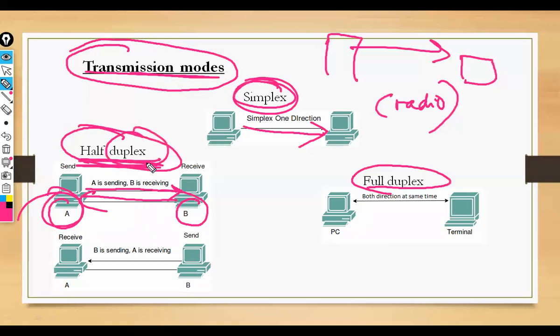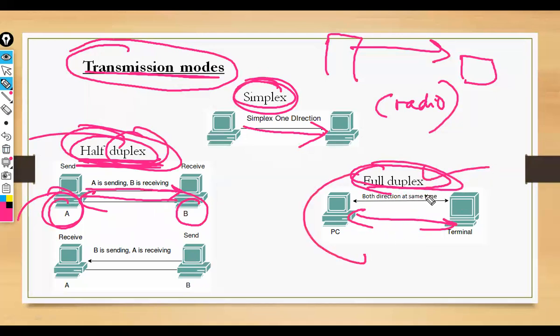Duplex means two-way communication, but non-simultaneous two-way communication. That is half duplex. Okay. Now, full duplex, you already know, is where at the same time you can transmit and you can receive. So that is simultaneous two-way communication. That is full duplex. You might have heard of it and you might have studied it in BTech or BE or whatever it is.